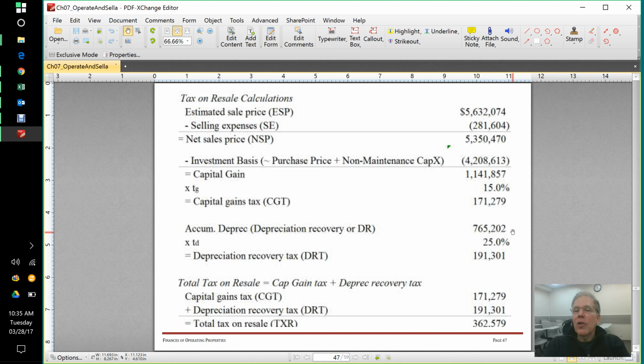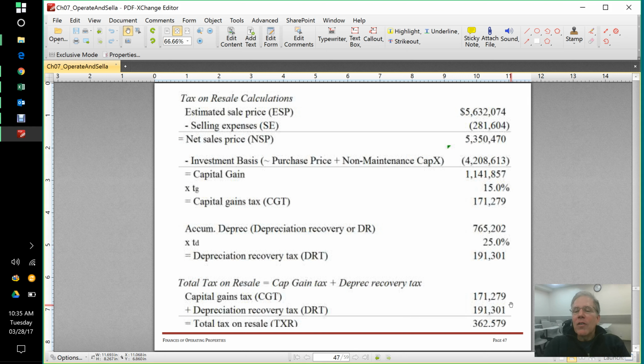So you just got to go back to your tax returns for each year, add them all up. Okay, you take that, and the depreciation recovery tax rate is now 25%, so you multiply that by 25%, and then you have to pay tax of 25% of the total accumulated depreciation that you've declared on this property, which in this case is $191,000 and change.